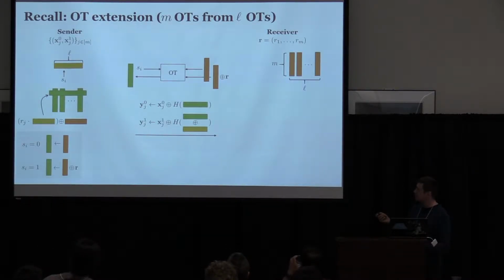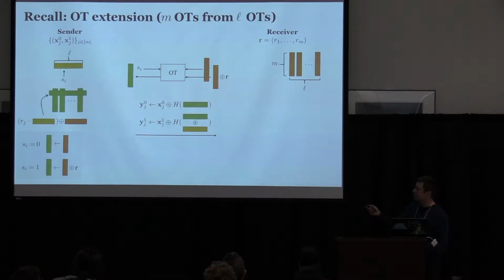And so the sender will use these two possible values, either the row that he received or the row that he received XOR with his choice vector, right? He uses that as two possible keys. And the property is that depending on the choice vector r, the orange vector is either going to be equal to the green vector or to the green vector XOR the yellow vector, okay? And so if we use a random oracle or something slightly weaker in the right way, then we can use that to encrypt.